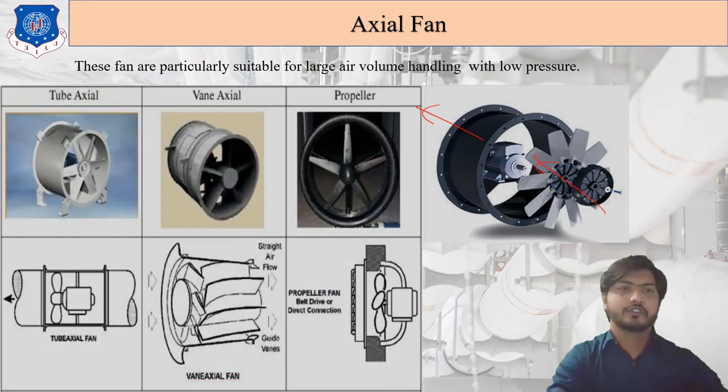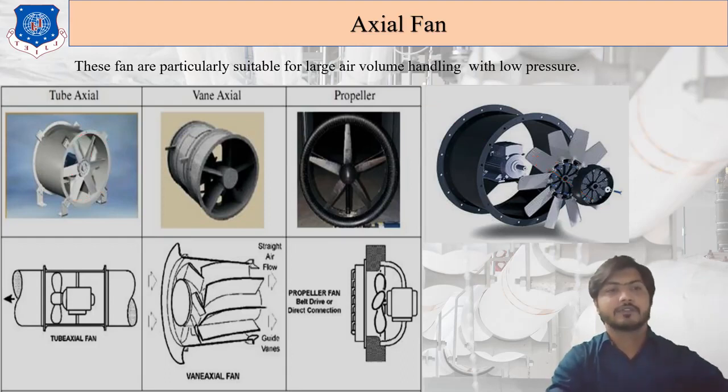This is the tube axial fan. It is like a tube in which the rotor blades are mounted. This is the diagram of the tube axial fan. It is cylindrical in shape, the motor is supported on the shaft, and this is our rotor.